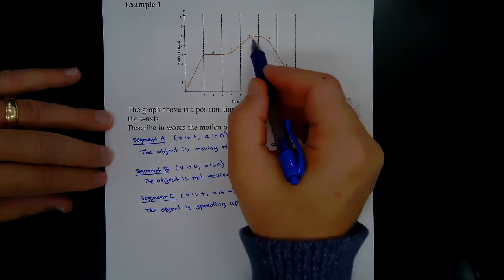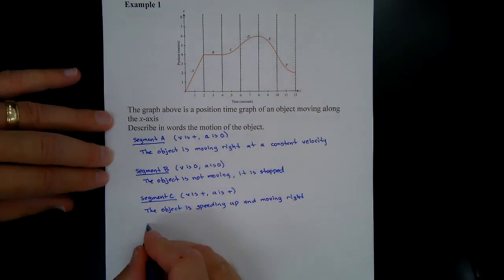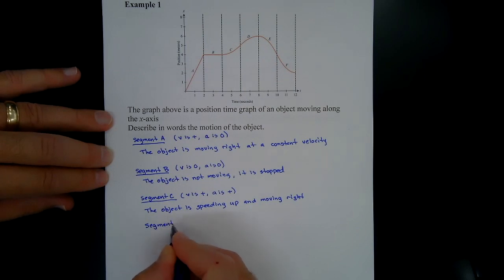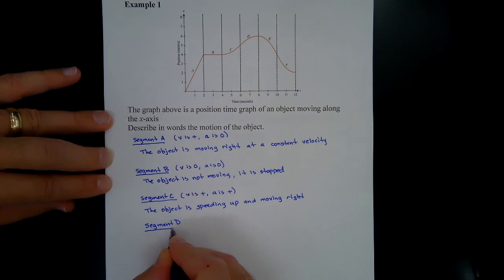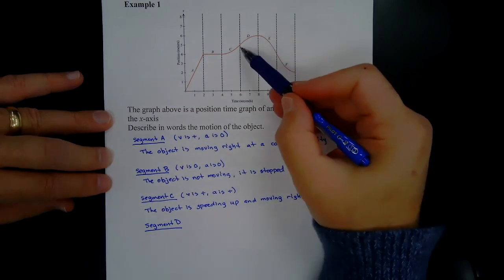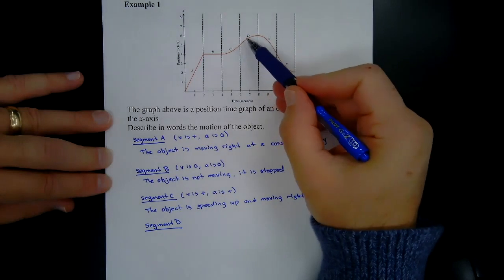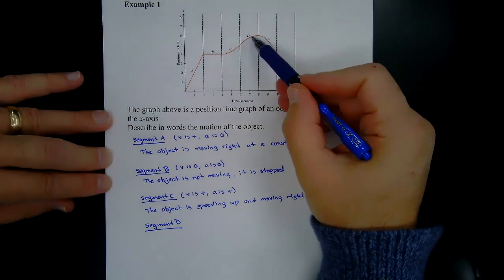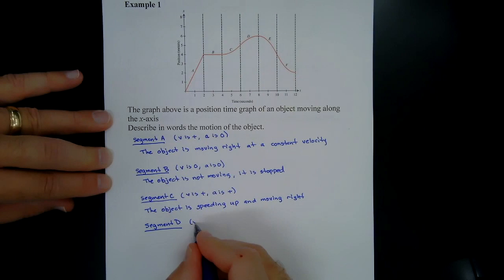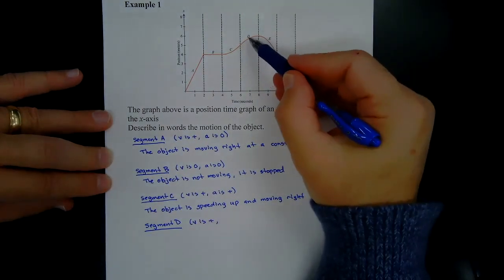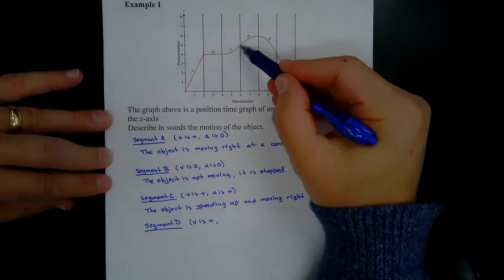Okay, so now segment D right here. I can see it's still increasing, which means the slope is positive, which means the velocity is positive. But now I can tell the curvature has changed and now it's curving down.